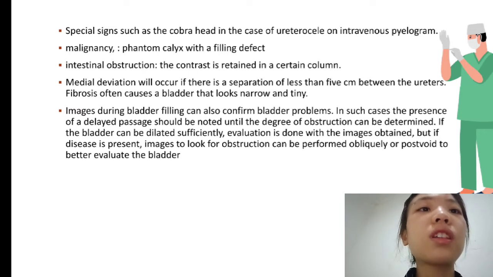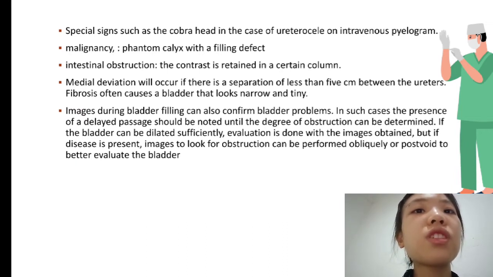In the cases of intestinal obstruction, the contrast is retained in the colon. Medial deviation will occur if there is a separation of less than 5 cm between the ureters. Fibrosis can often cause a bladder that looks narrow and tiny. Imaging during bladder filling can also reveal bladder problems.